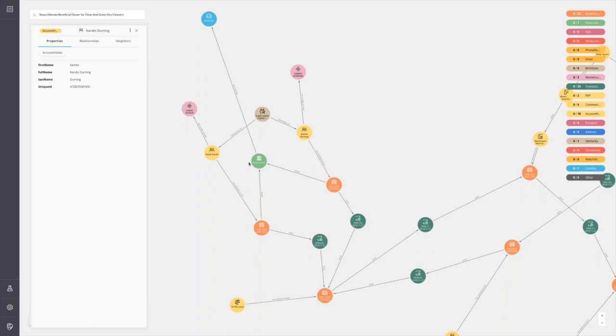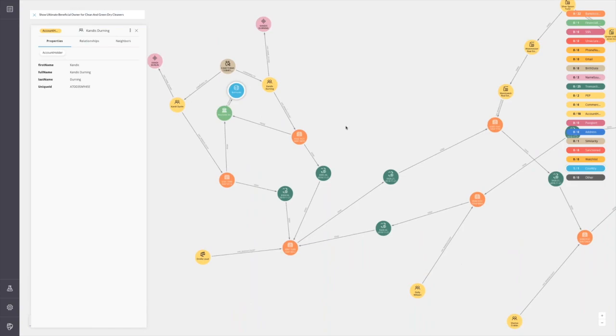Okay. And how would you incorporate time in this sort of analysis or in the visualization, as most anti-money laundering patterns are time window based? Yeah. So in this example, we only have a limited amount of data, and we're only looking at one day. But Neo4j does natively support time fields.